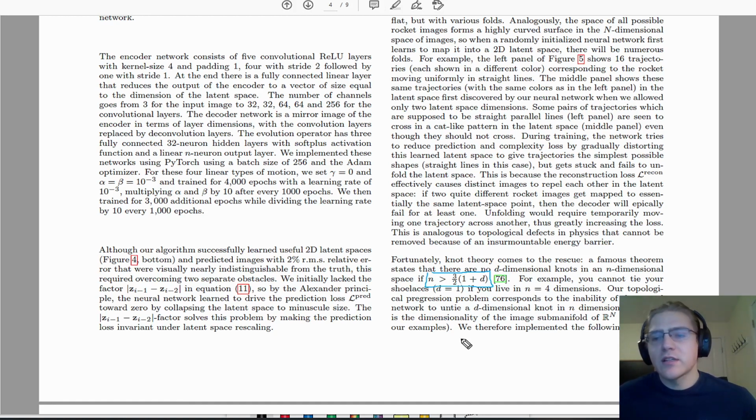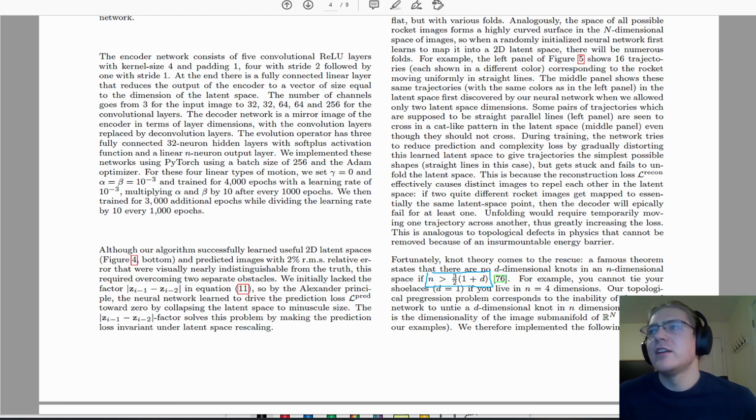In this case, we are looking for a two-dimensional latent space, so we want to avoid two-dimensional knots. So 1 plus 2 is 3, and 3/2 of 3 is 9/2, which is a little bit more than 4.